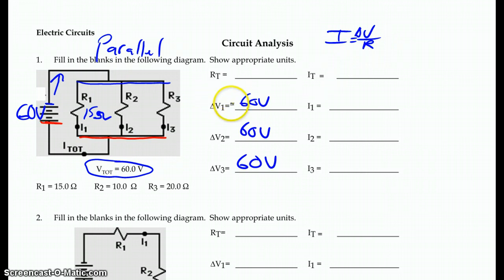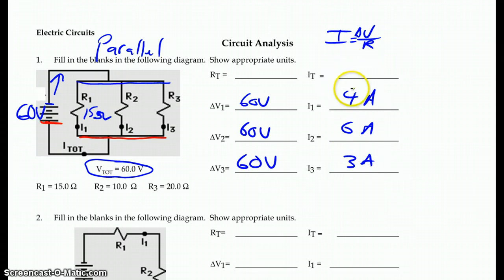So delta V1 is 60, R1 is 15, 60 divided by 15 is 4 amps. Delta V2 is 60, R2 is 10, 60 divided by 10 is 6 amps. And then R3, delta V3 is 60 volts, potential difference there, and 20 is the resistance, so that's 3 amps.